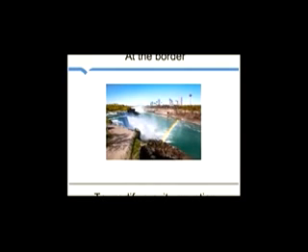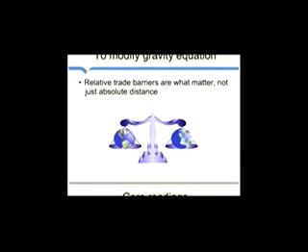That's all just another way of thinking about how the gravity equation works. Another way to put this is simply to note that in more sophisticated forms of the gravity equation, relative trade barriers are what matter, not just absolute distance.